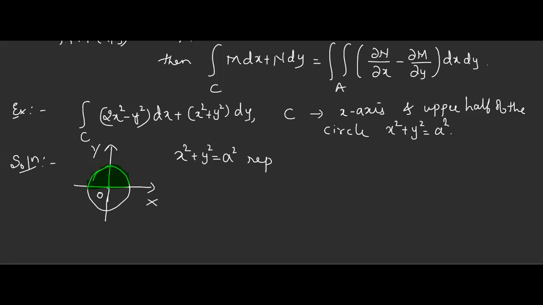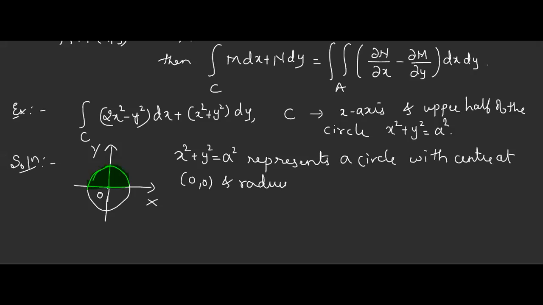So here, this represents a circle with center at origin and radius a. Now what we'll do? We have to apply Green's theorem. This x square plus y square equal to a square is the equation of this circle.